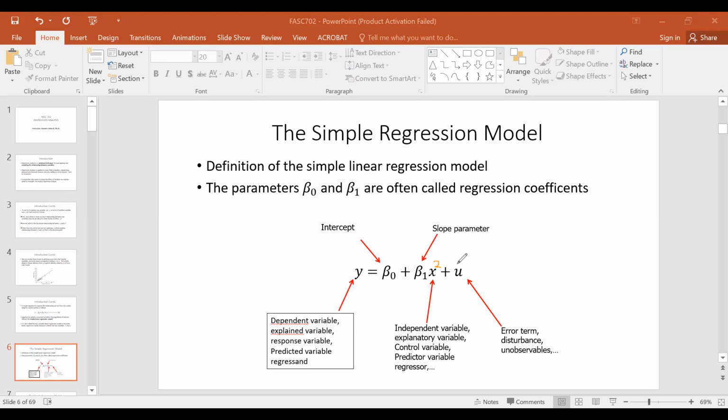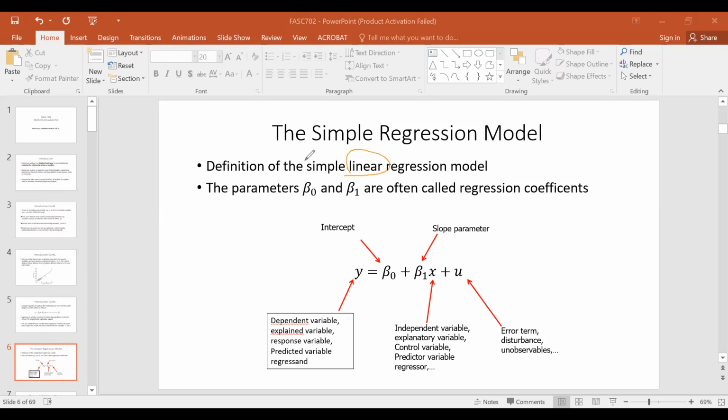I'm not talking about linearity in the regressor. This is a model which is quadratic in X, but my parameters beta 0, beta 1 are linear, and therefore it qualifies to be called a linear regression model. That is why it is called linear.